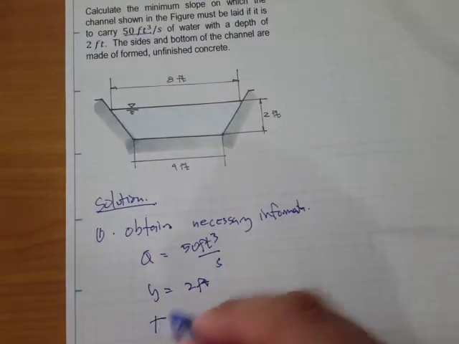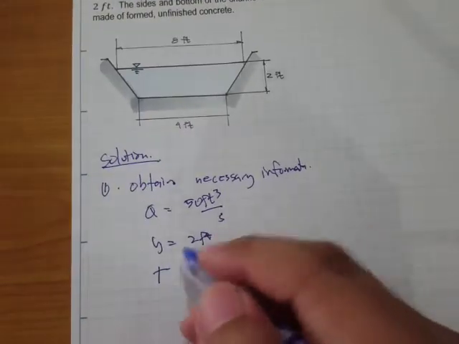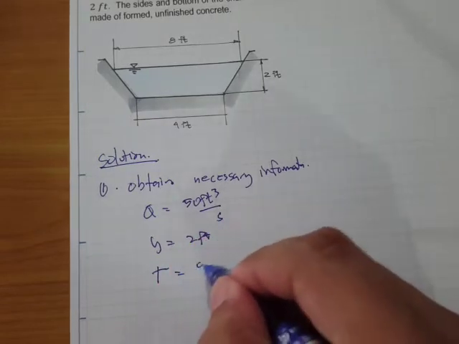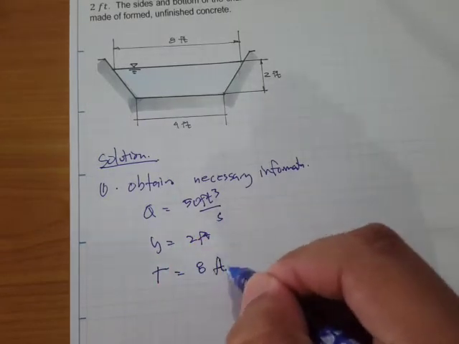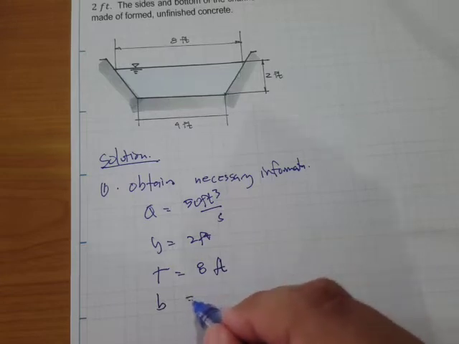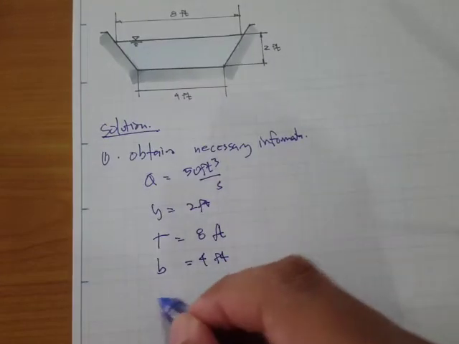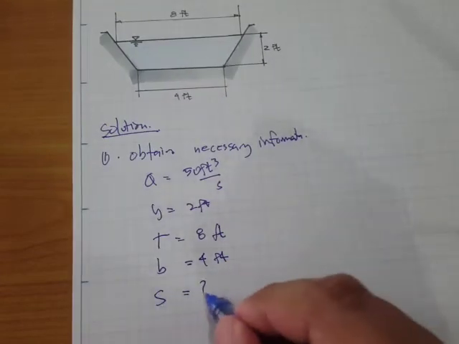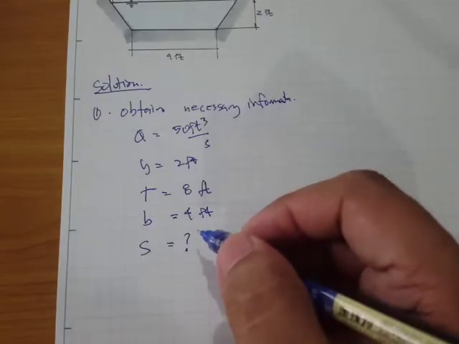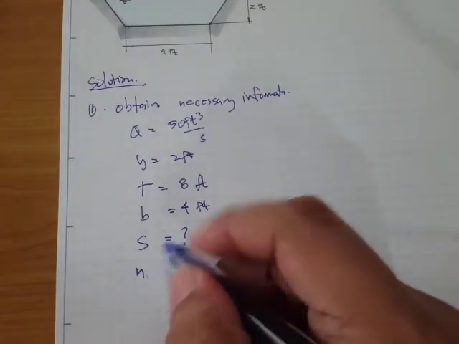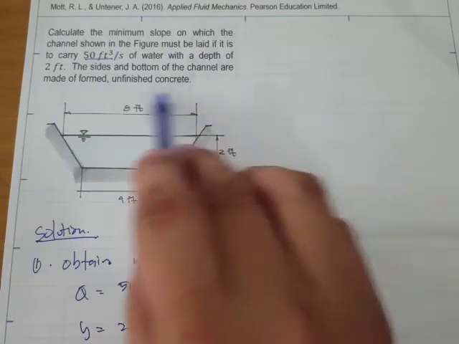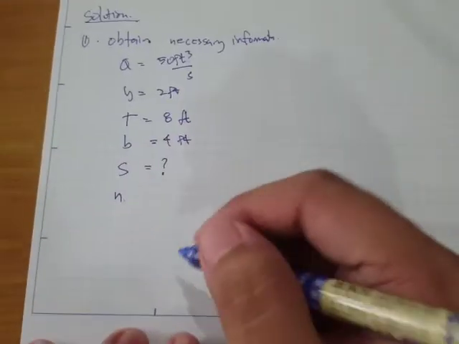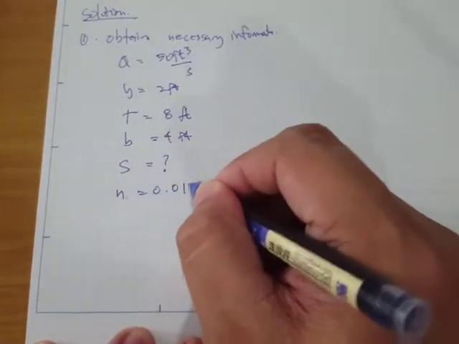Our top width T, or capital letter B if you'd like, is equal to 8 feet, and our bottom width is 4 feet. And our slope is, of course, what we are asked to solve for. And for the value of n, this is unfinished concrete, so that's 0.015.